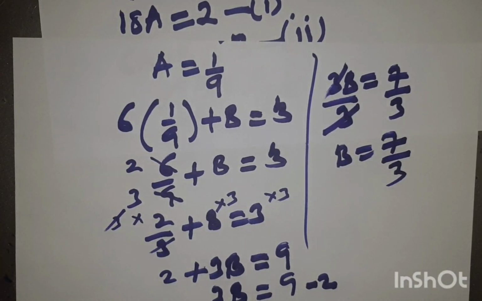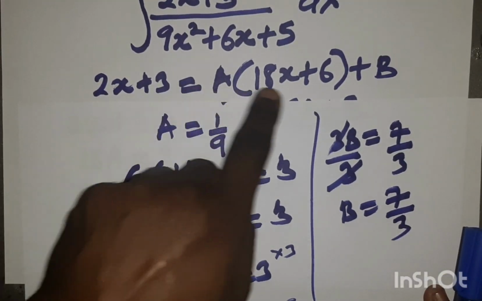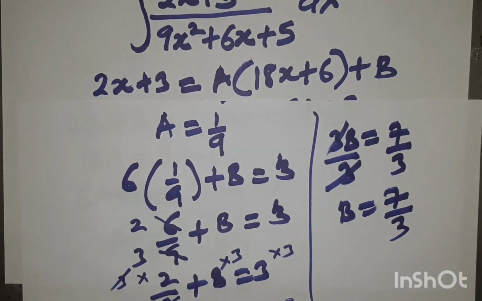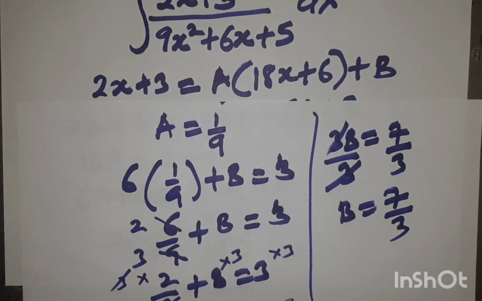So now, finally, I've written the numerator as a constant multiple of the derivative of the denominator, and I've gotten my values: a is 1 over 9, and b is 7 over 3. So I'm going to rewrite this integral.